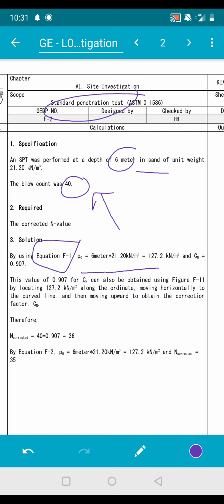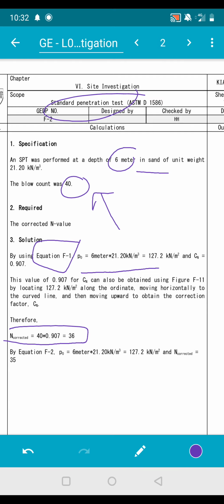Now this value of 0.907 can also be obtained using figure F11 by locating 127.2 kN per meter square along the ordinate, moving horizontally to the curved line and then moving upward to obtain the correction factor. Therefore, the N corrected is just multiplied with the raw SPT value, so it will be roughly about 36.